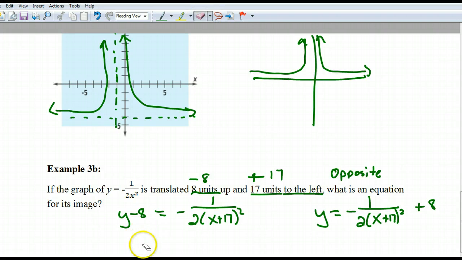Yeah, either way works. Whatever one makes most sense to you. Yep, you can do that. You can do either way, and you will get the same answer. Okay?